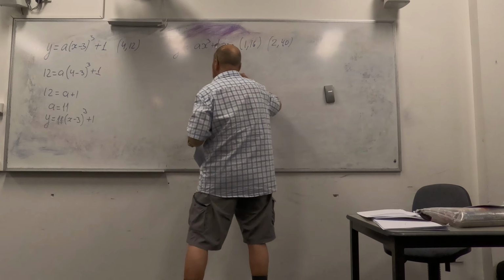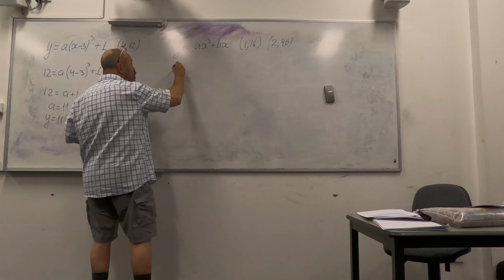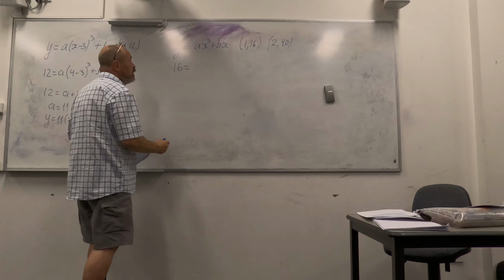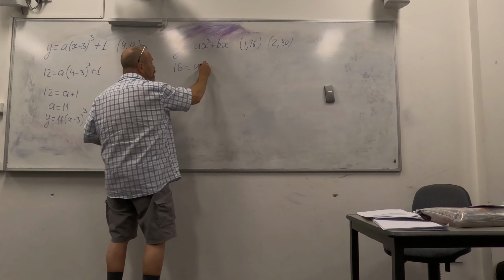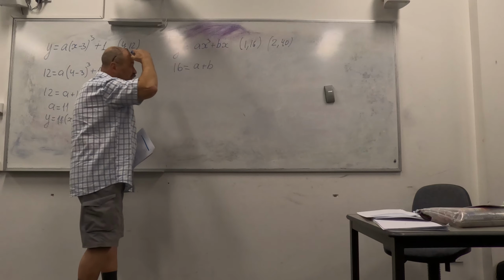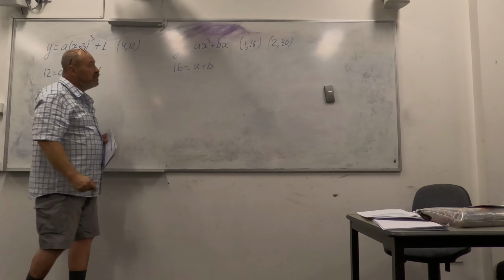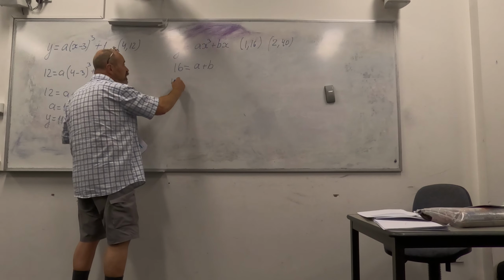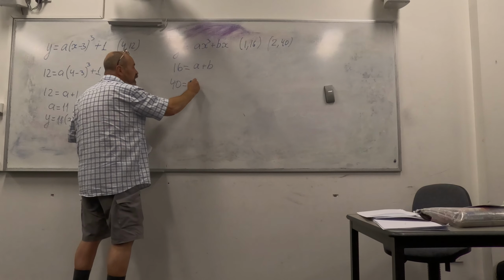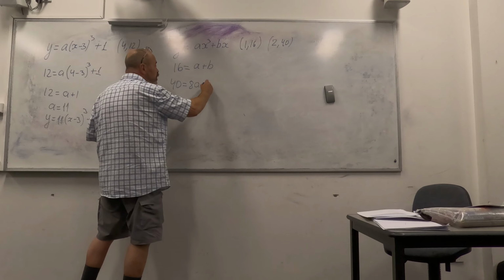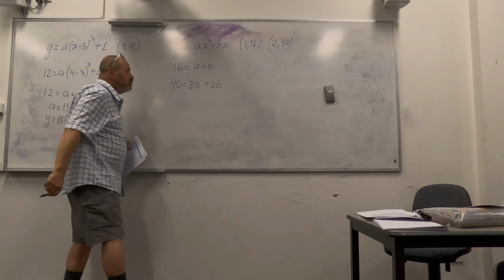We substitute each of them and we get two simultaneous equations. 16 equals a plus b, 16 instead of y and 1 instead of x, and then the second one, 40 equals 8a, 2 cubed is 8, plus 2b.